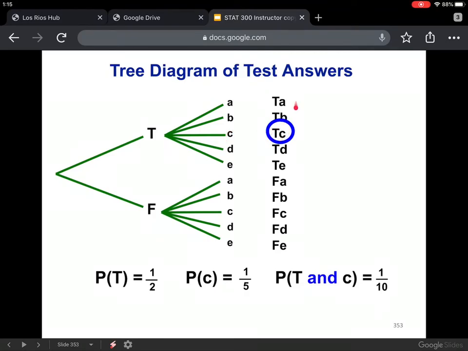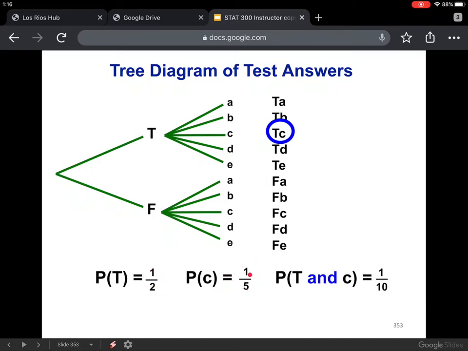How many total options do we have here? We could have answered true on the first one and one of A, B, C, D, or E on the second exercise. And then we could have also answered false on the first exercise and A, B, C, D, E on the second exercise. That leaves us with a total of 10 options. Therefore, if only one combination gives you correct answers on the first and second exercise, then we have to multiply them.